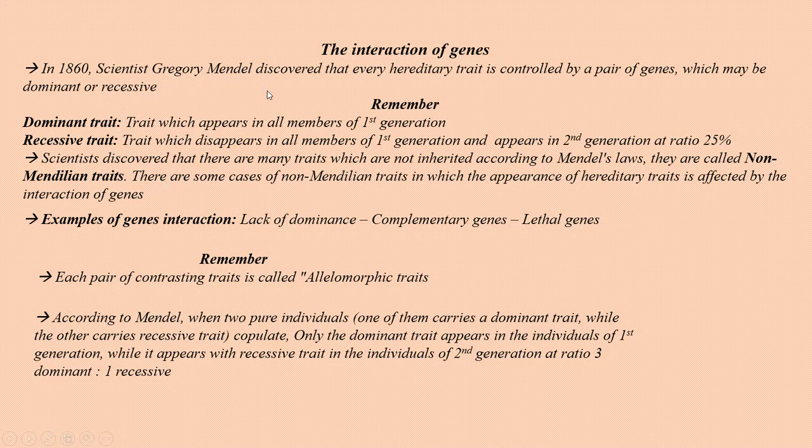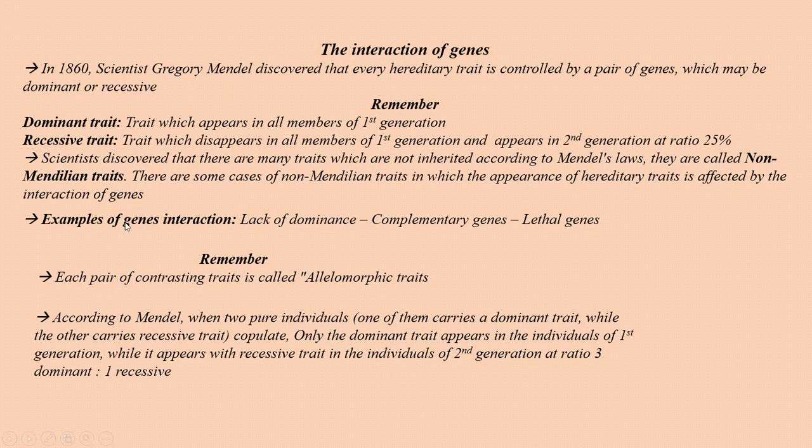And he didn't know that there is another thing called interaction of genes. يعني ايه؟ يعني في genes حصل لهم interact with each other. اوكي؟ طب هو الكاركترز اللي هي interacted with each other سميناهم ايه؟ non-Mendelian traits. Okay? Where the appearance of hereditary traits is affected by the interaction of genes.